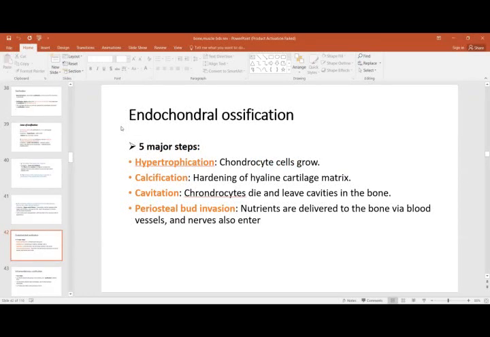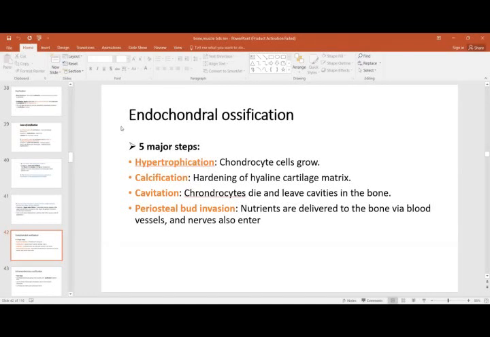Then, what are the basic steps in becoming bone? Hypertrophy: because it is a cartilage bone structure, the chondrocytes, the cartilaginous cells, grow and then are calcified. The cartilage matrix becomes hard by the deposition of salts. This causes the death of the chondrocytes, which leads to cavities in the bone.